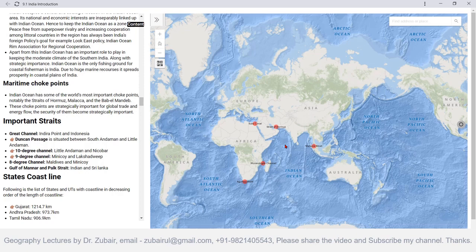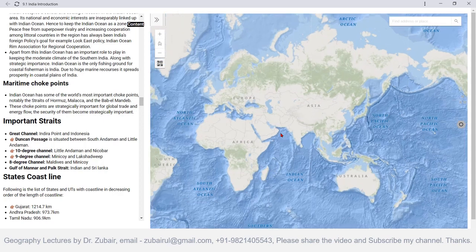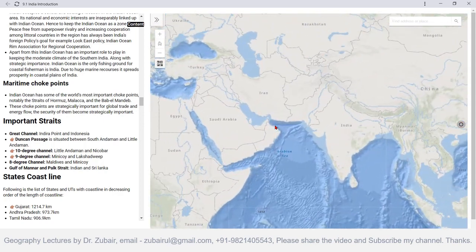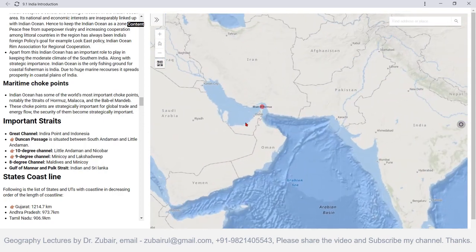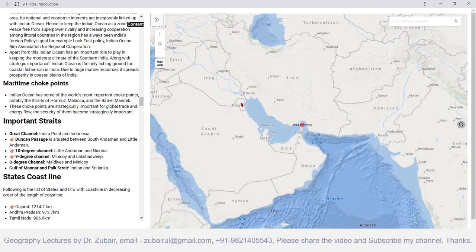There are some choke points, and this is the Strait of Hormuz. Why is it important? Because this is an oil producing region.